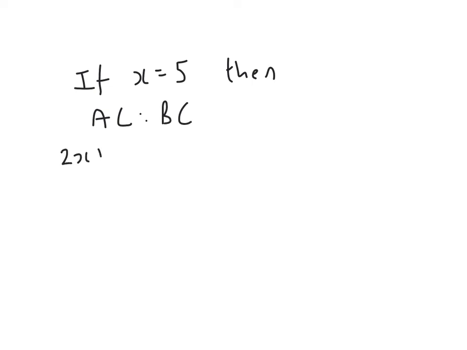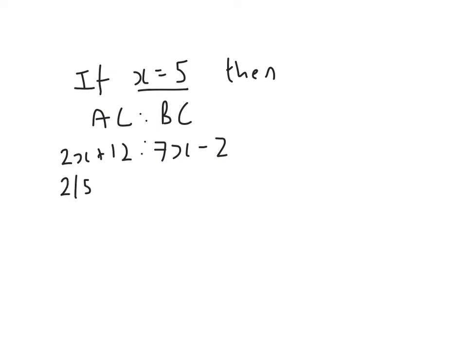So if x equals 5, then the ratio of AC to BC, which in the diagram was 2x plus 12 to 7x minus 2, I can substitute 5 in for x.